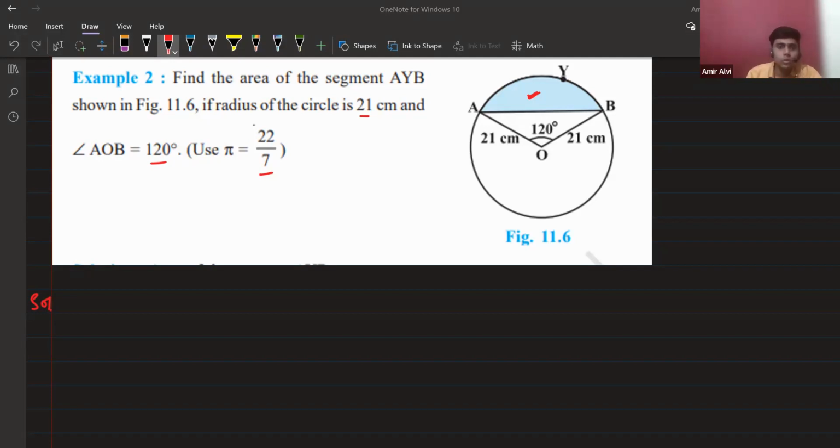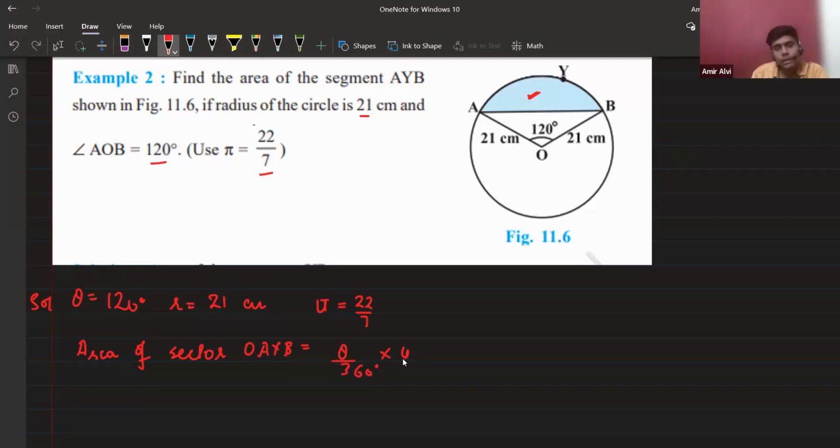Let's calculate the area of sector first. So put the values first, which is 120. R is given as 21 centimeter. Pi is given as 22 by 7. Clear? Is there anything left? No. So area of the sector OAYB is equal to theta by 360 into pi r square.